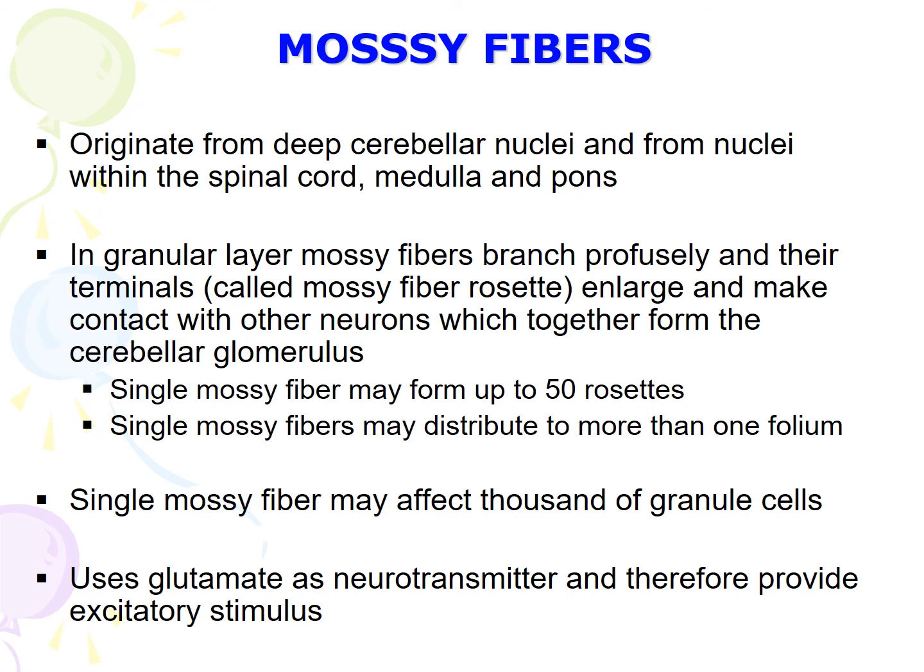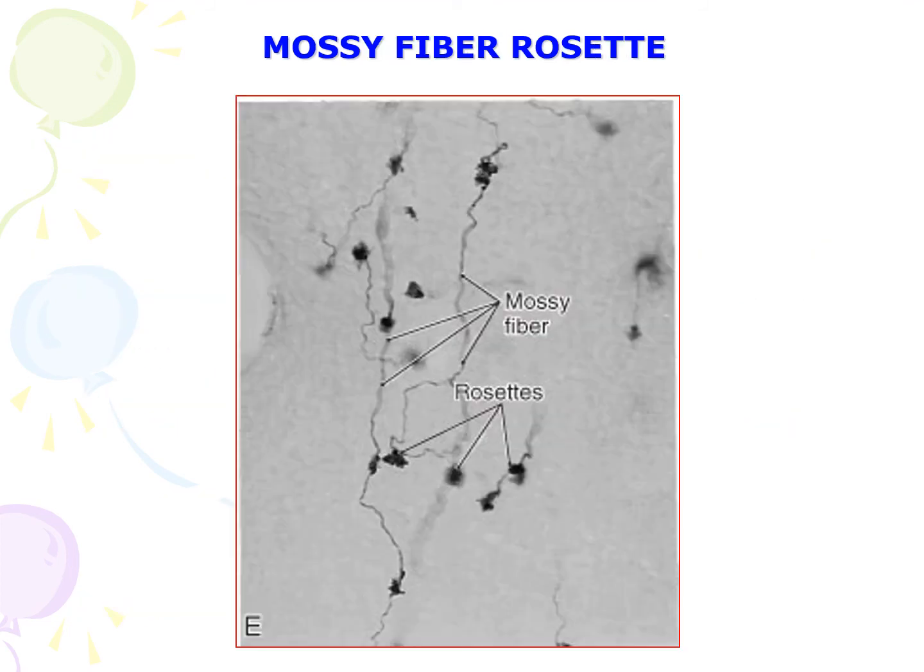Each single mossy fiber can affect thousands of granule cells. These fibers use glutamate as neurotransmitter, which is an excitatory neurotransmitter. So these are mossy fibers. You can see they form numerous rosettes.